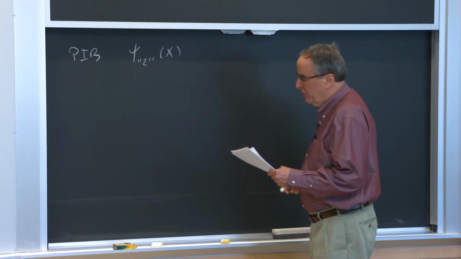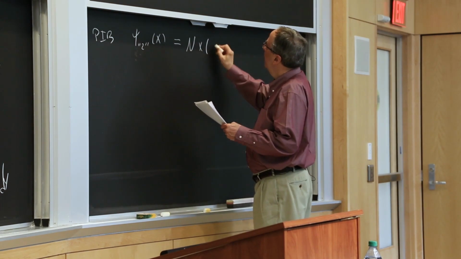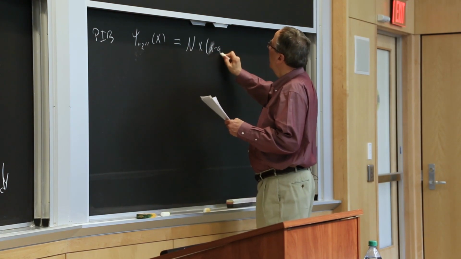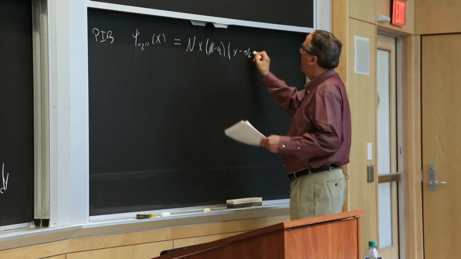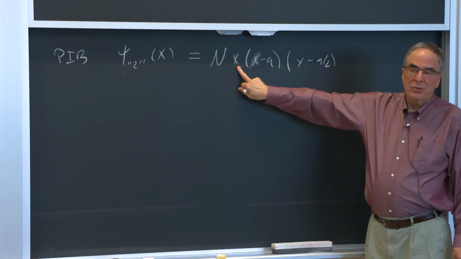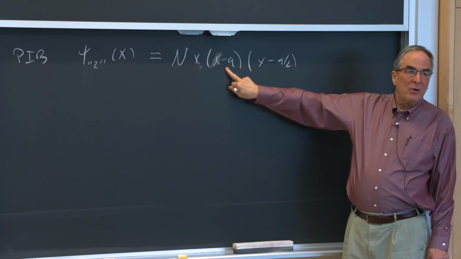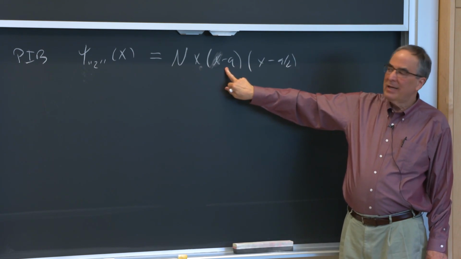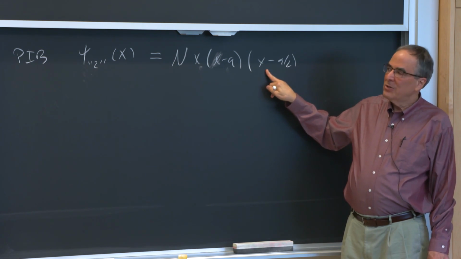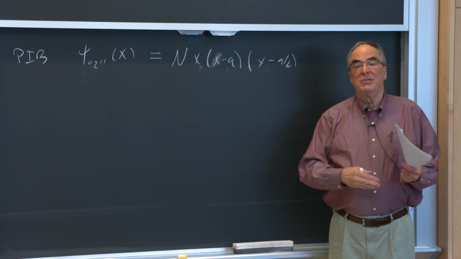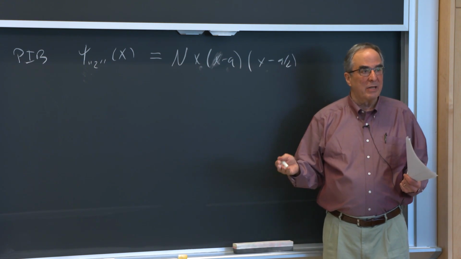And so suppose we call this some normalization factor N, times x, times x minus a, times x minus a over 2. This guarantees you have a node at x equals 0. This guarantees you have a node at x equals a. This guarantees you have a node at x equals a over 2. So this is the generic property of the second eigenfunction for the particle in a box.